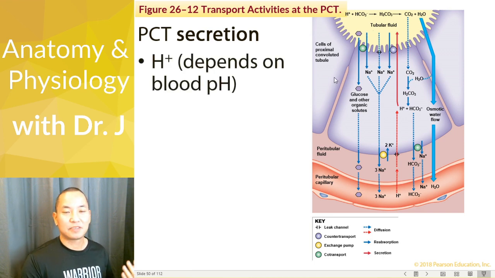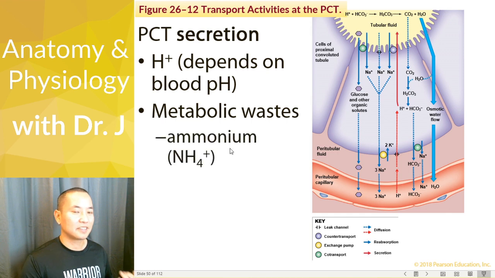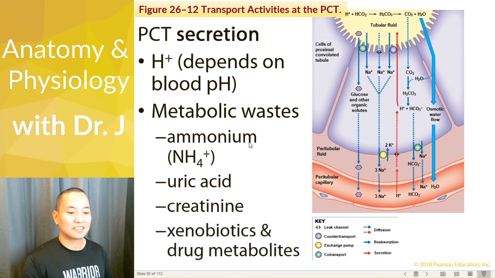So if your blood is acidic, if you have acidosis, it's going to dump protons. It also dumps metabolic waste as well, so things like ammonium, remember the protein metabolism, uric acid, creatinine, and xenobiotics and drug metabolites. So it not only reabsorbs the things you need, like nutrients and ions, it also gets rid of excess and also gets rid of things that are foreign to your body or waste products.